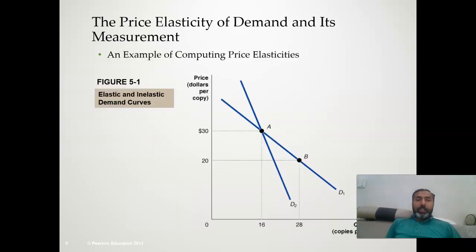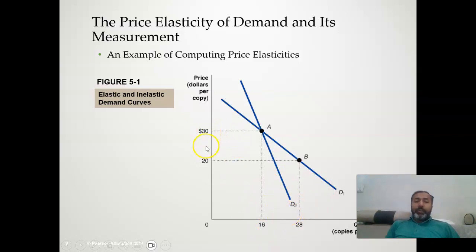Now let's discuss with the help of some demand curves. In this graph, we have two demand curves. One is D1 and the second demand curve is D2. Point A is the original point, and it lies on both D1 and D2. So we can say that this 30 is P1, which is the original price, and at a price of 30, quantity demanded is 16 on both curves, D1 and D2.